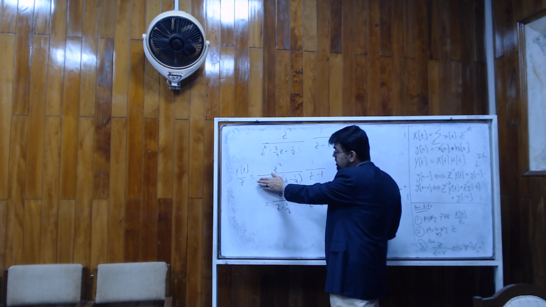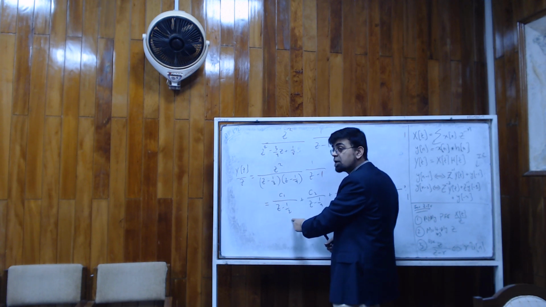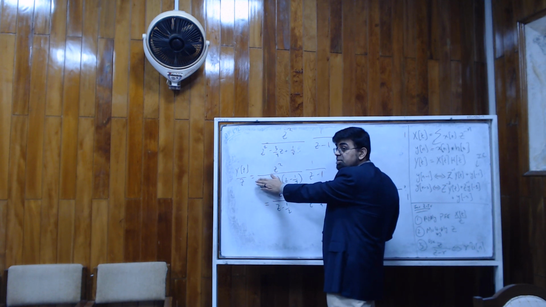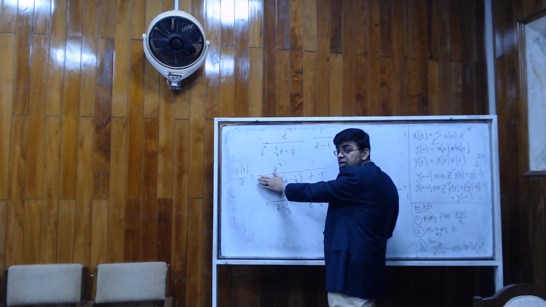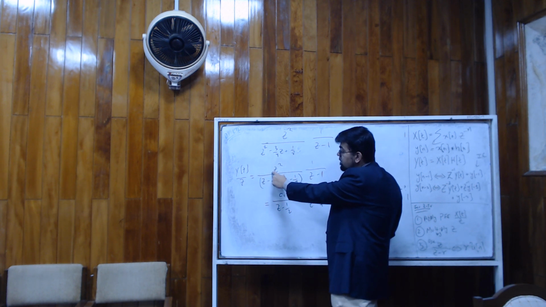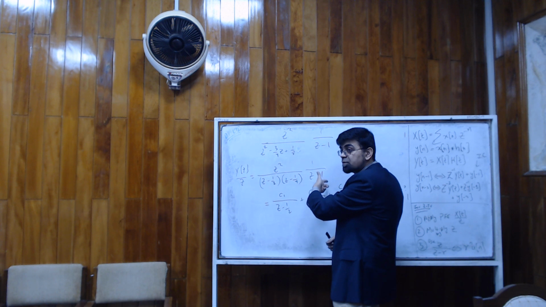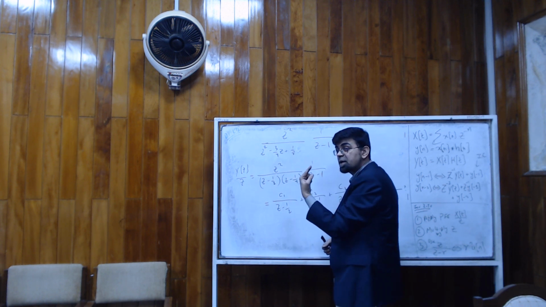Whatever is left, put the root of this denominator there. So z equal half रख दें इसमें. Okay? z क्या आ जाएगा? ये कवर कर दें और z equal to half रखेंगे तो ये 1 by 4, यहाँ पे 1 by 2 minus 1 by 4 and whatever 1 minus 1 by 2, right? उसको आप solve कर लेंगे, एक नंबर आ जाएगा.